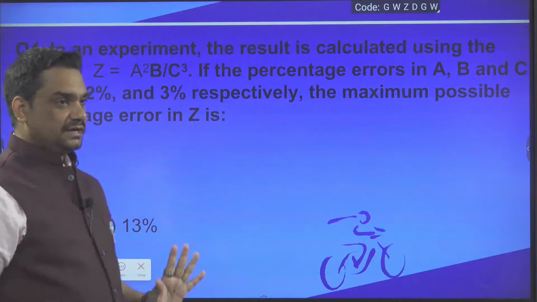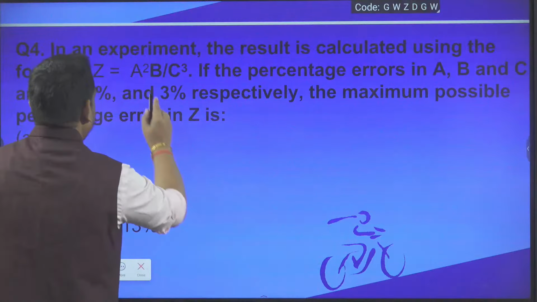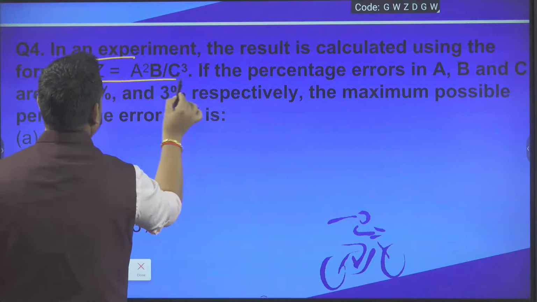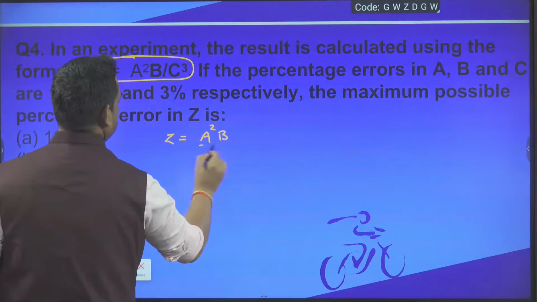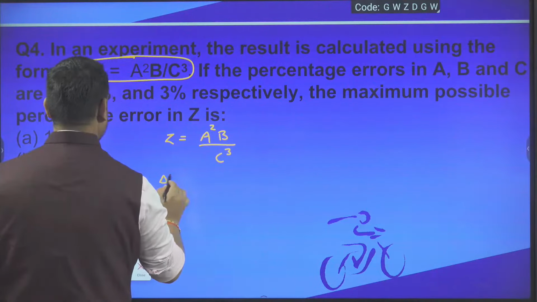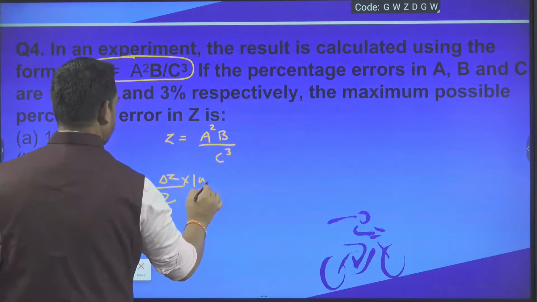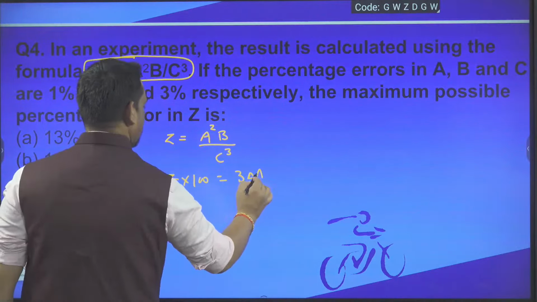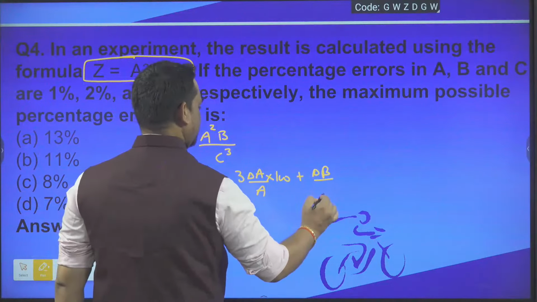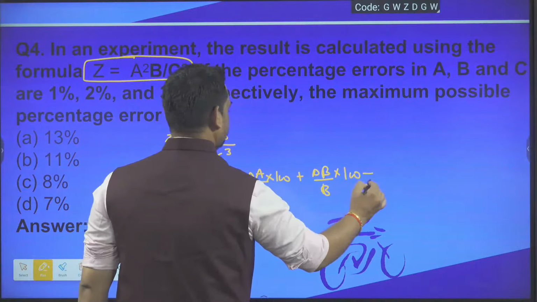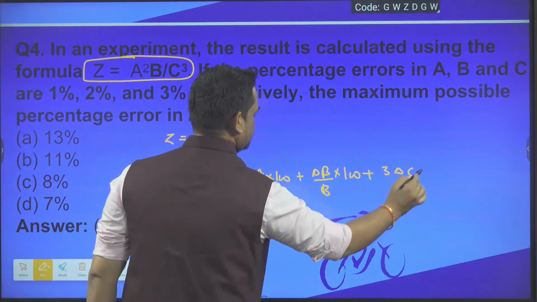Whenever a power based question is there, like z equals a² b by c³, you can always say delta z by z into 100 equals 3 delta a by a into 100 plus delta b by b into 100 plus 3 delta c by c into 100.